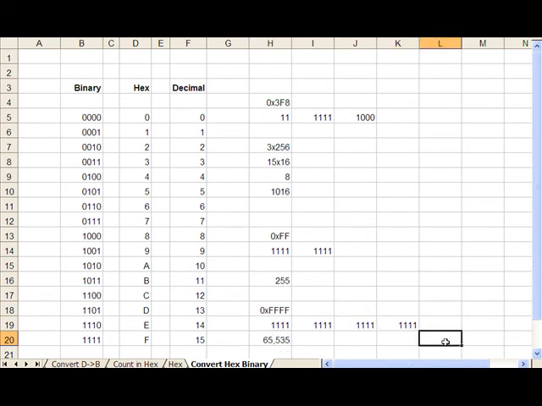This is the largest number that can be stored in 2 bytes of memory. So we have the range of values in 2 bytes of memory, 0 to 65,535. In 1 byte of memory, we would have the range of values 0 to 255.